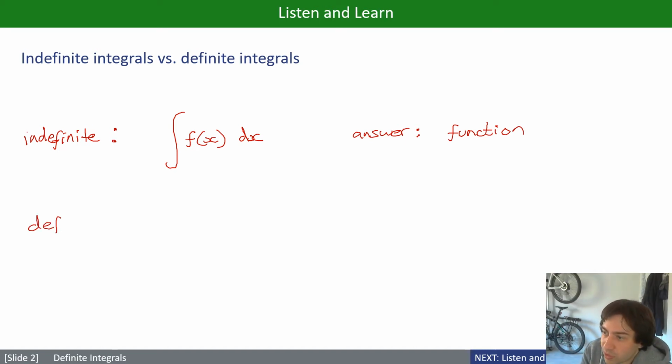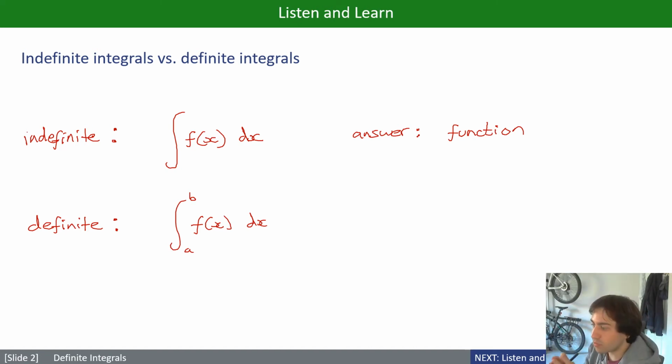However, with definite integrals, they look as follows. Very similar, except you're going to have two additional numbers, and you're going to put them here, one here and one here. Okay. And the meaning of this will become clear in the next session. We're just going to learn how to calculate this first. So you'll have two additional numbers, and what that means is that your calculation will be a little bit different to the indefinite version, and your answer, instead of getting a function, you're just going to get a single number.